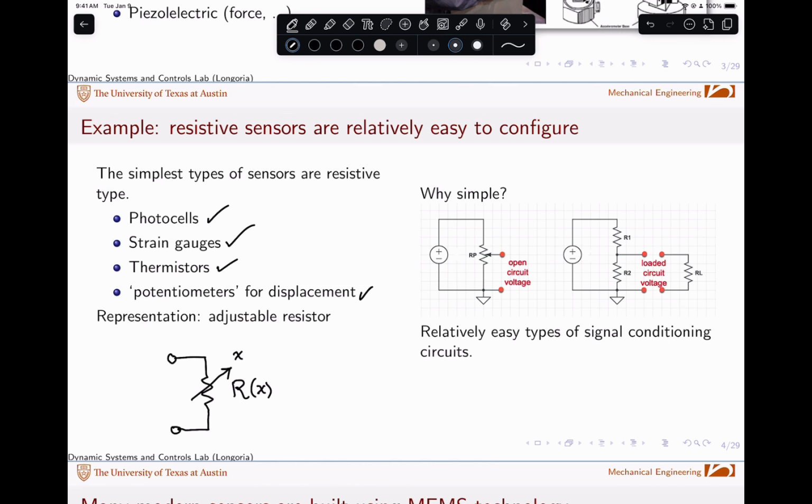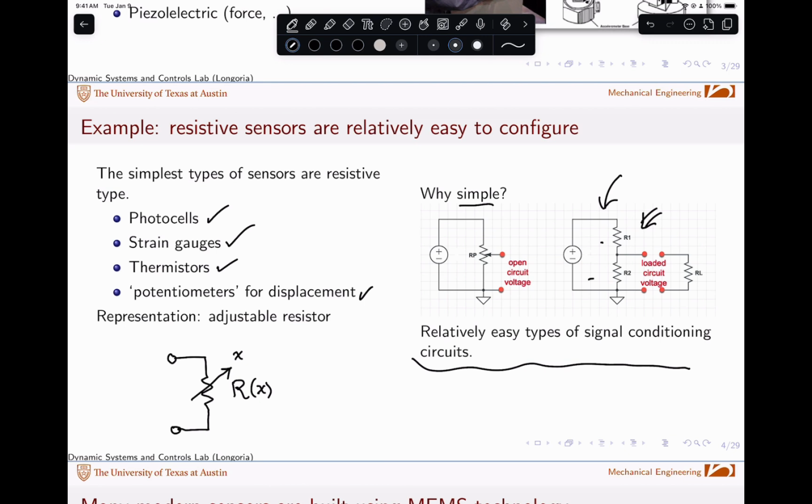And as you know, these are relatively simple to use, because you can put them in a simple kind of potentiometric circuit. Let's say this R2 here, or R1, one of those could represent the resistance of that sensor. By putting it into a simple voltage divider this way, you can measure the output. And this is an example of a signal conditioning circuit.